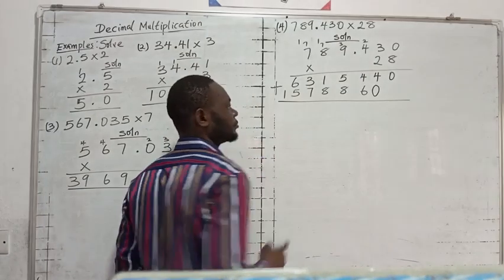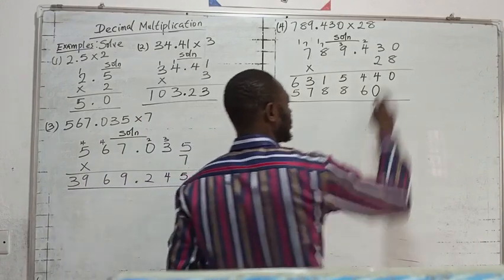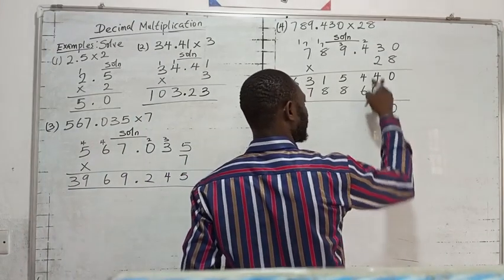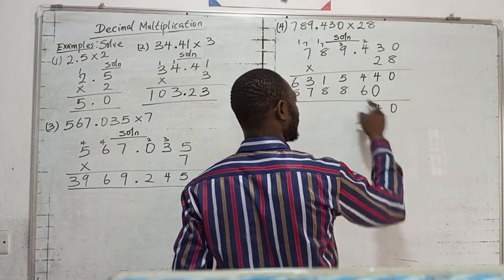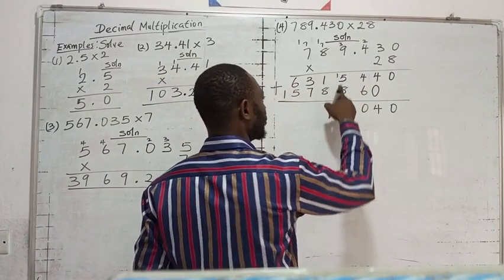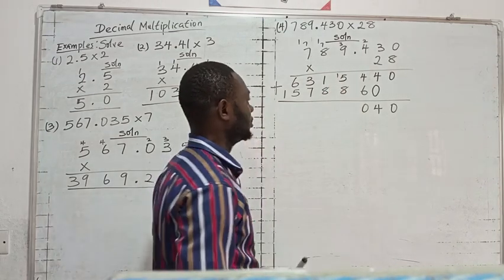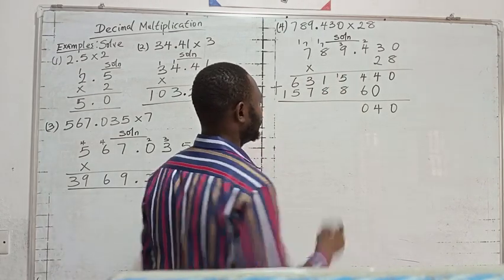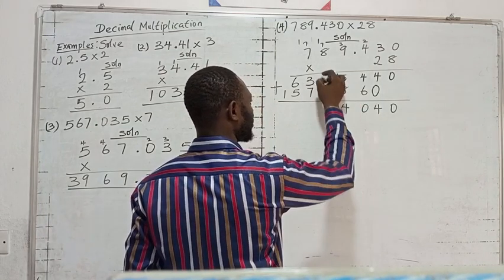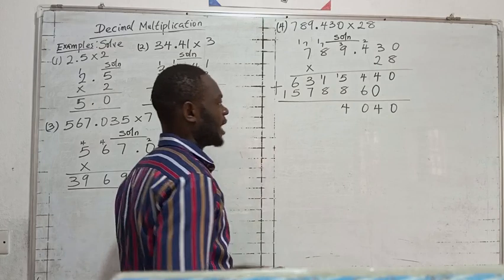We add. Bring down 0. 4 plus 0, 4. 4 plus 6, 10. 0 carry 1. 5 plus 8, 13. 13 plus 1, 14. 4 carry 1. 1 plus 8, 9.